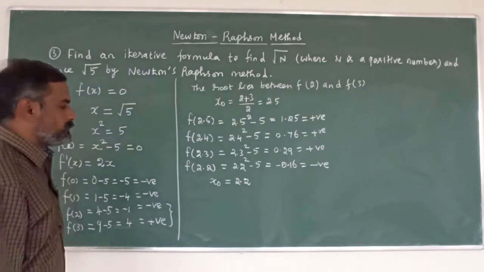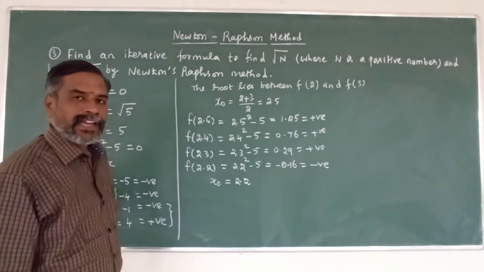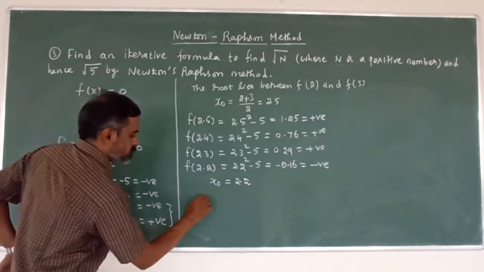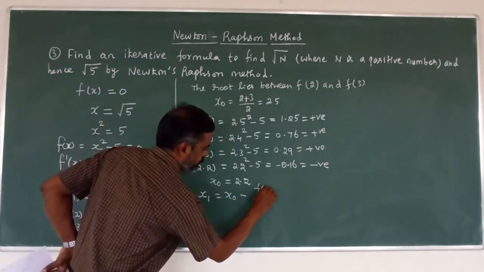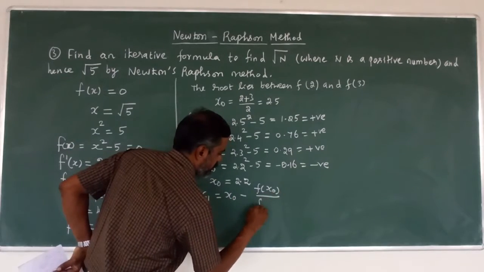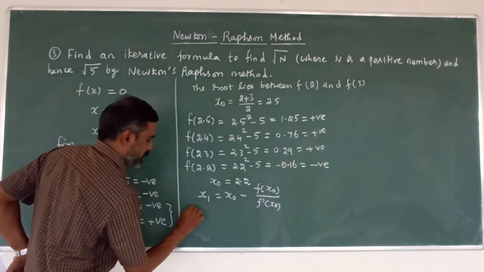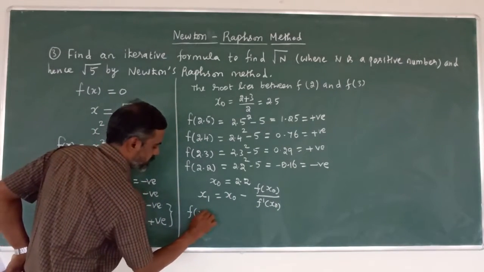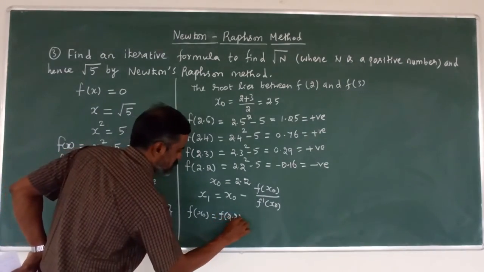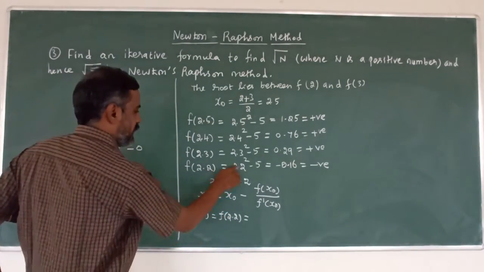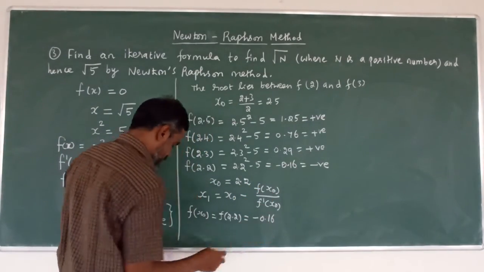Okay. Now the formula, n value: first we have to substitute 0. So we get x1 equal to x naught minus f of x naught divided by f dash of x naught. First we have to find out f of x naught value, f of 2.2. Substituting in f of x, we get the result minus 0.16.